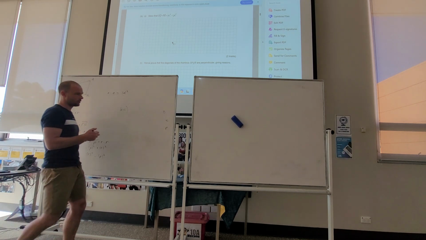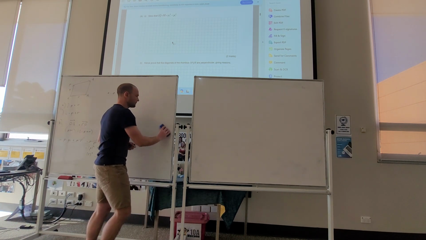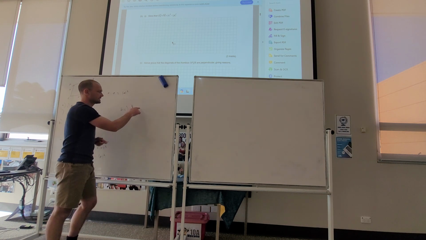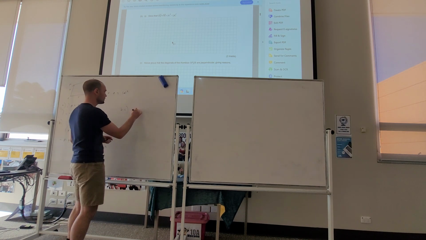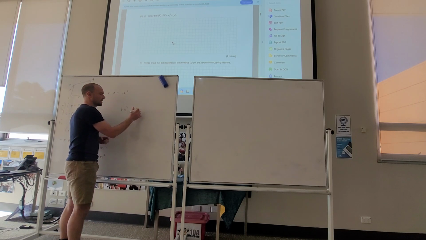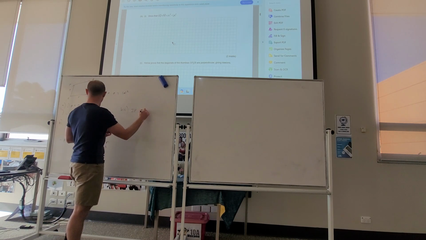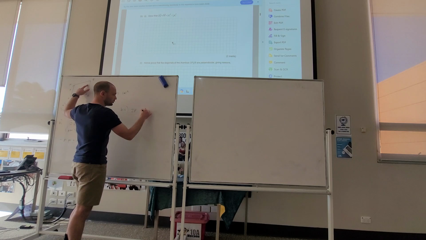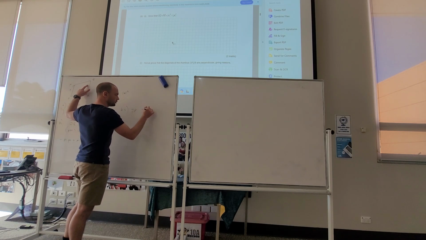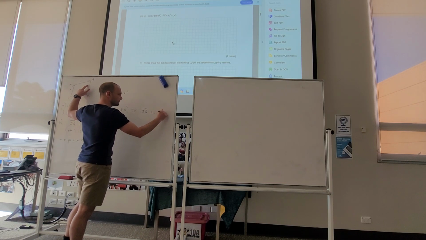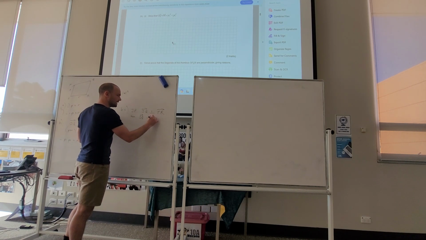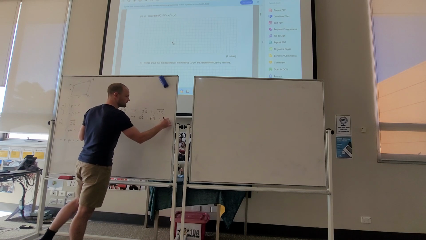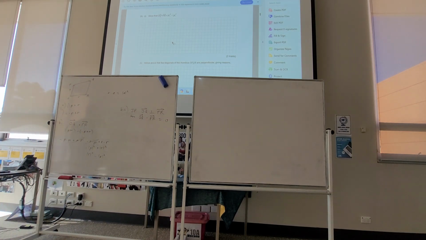The diagonals are going to be perpendicular if the dot product is 0. That's a property of the dot product, right? If the dot product is 0, so let's make that argument. We're going to say if OQ is perpendicular to PR, then OQ dot PR equals 0.